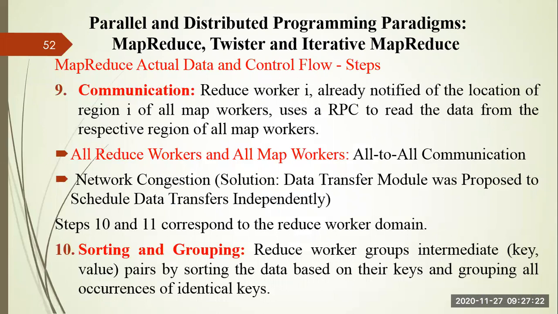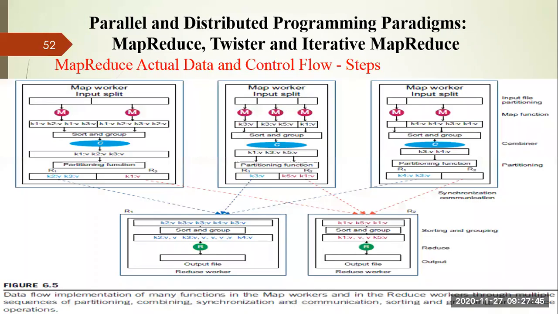So if you see, all reduce workers read the data from all map workers. So the relationship between the reduce workers and the map workers, you can say, is an all-to-all communication. But the main problem with this is that sometimes it faces network congestion, right? If all are communicating, you can see there are so many arrows which represent the communication.